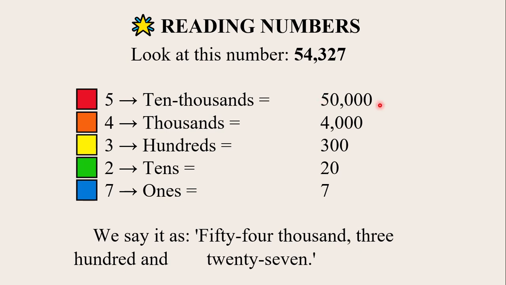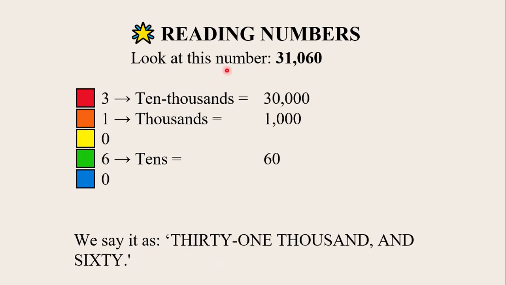I'll say that again: 50,000 and 4,000. That is 54,000. And the next one is 300. And finally, we have 20 and 7. We'll call these two together as well. So this is 27.